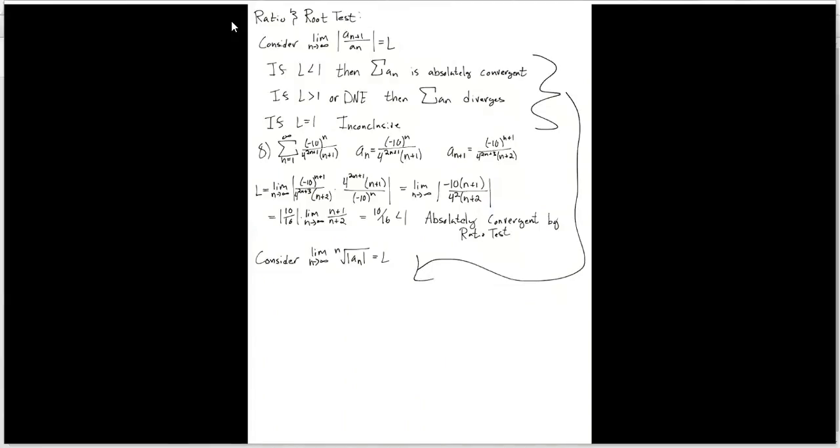So that's kind of easy to memorize. So let's give it a go.